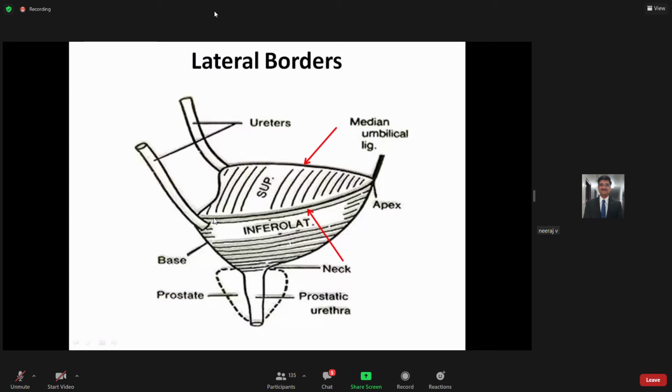So this on the right side and this on the left side are the two lateral borders. This is your anterior border of the bladder which runs between apex and the neck. Between the two ureters you have the posterior border, and from here up to the apex you have two lateral borders on both sides. So one will be the right lateral border, and one the left.